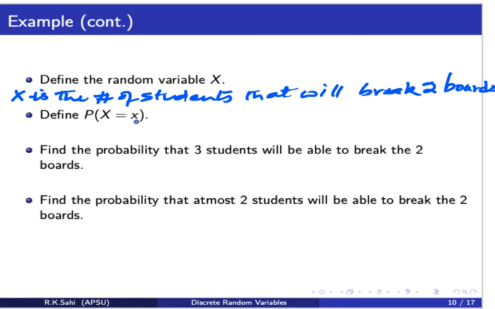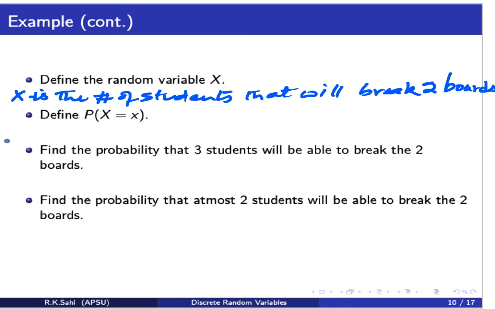the probability of capital X equals x. What it simply means is this. Capital P is the notation we're going to use for probability. That's what we are trying to equate in this class.